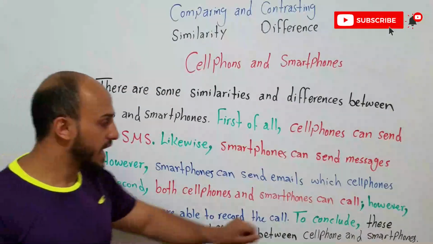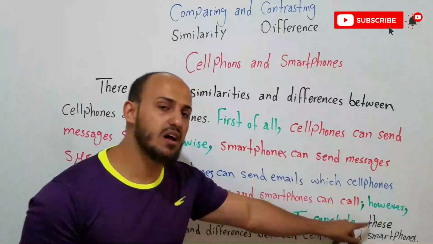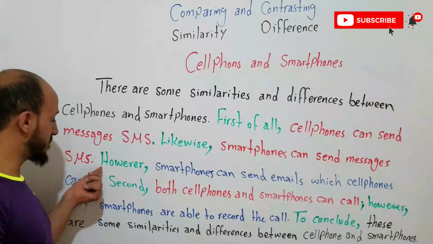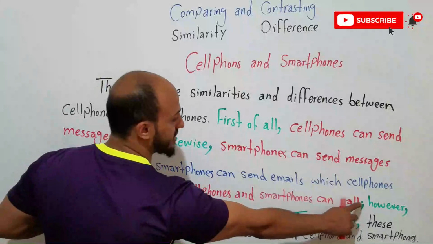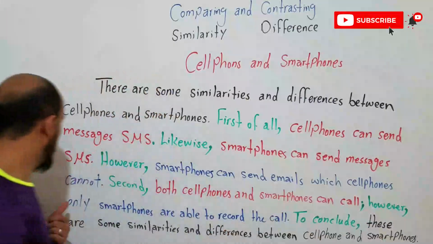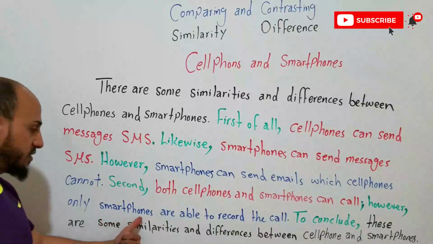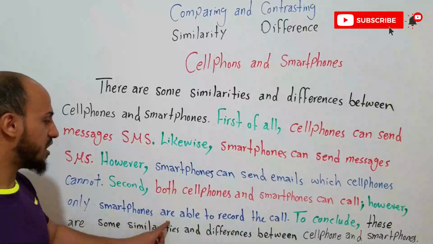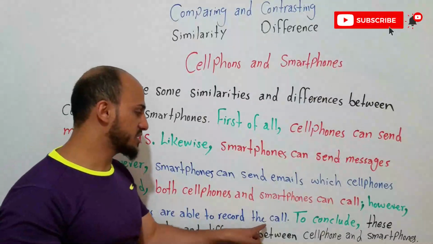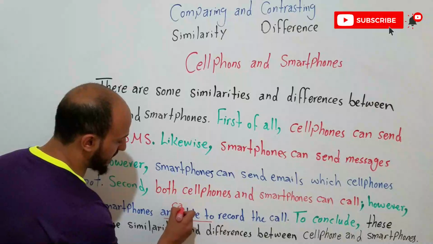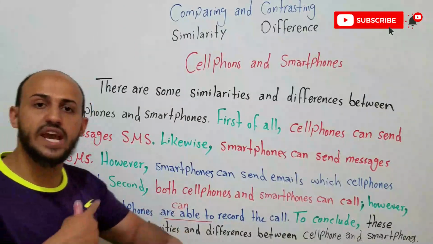Here I used a semicolon. Here I didn't; here I used a full stop and a capital. Here I changed to a semicolon, however in small letters, then a comma. However, only smartphones are able to record the call. Are able to means can. But as I told you, change your language.